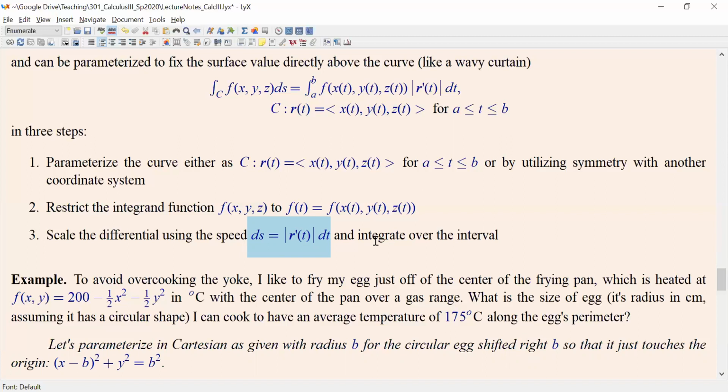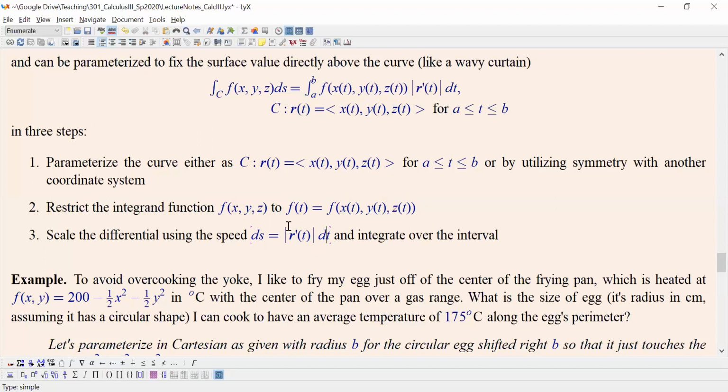It's rather complicated in its integral form, but if you look at the derivative or change in arc length over time, that is identically equal to the speed, the magnitude of the velocity vector. So we can swap out the ds differential for the speed times dt.